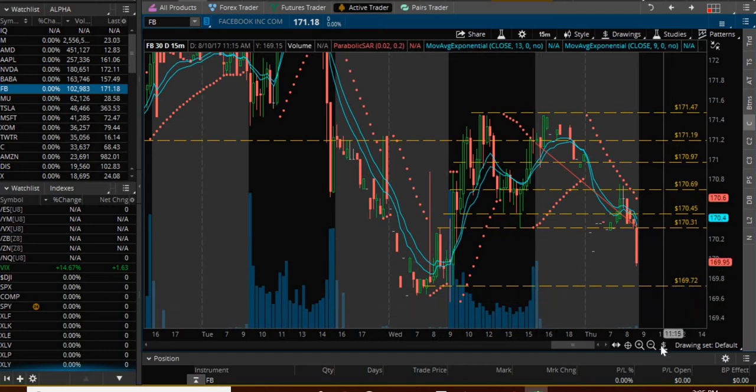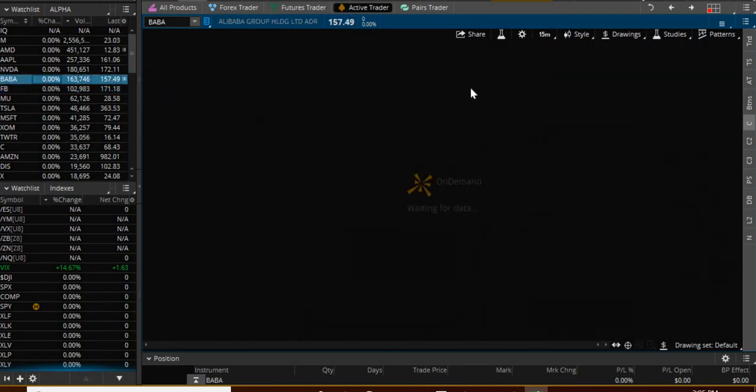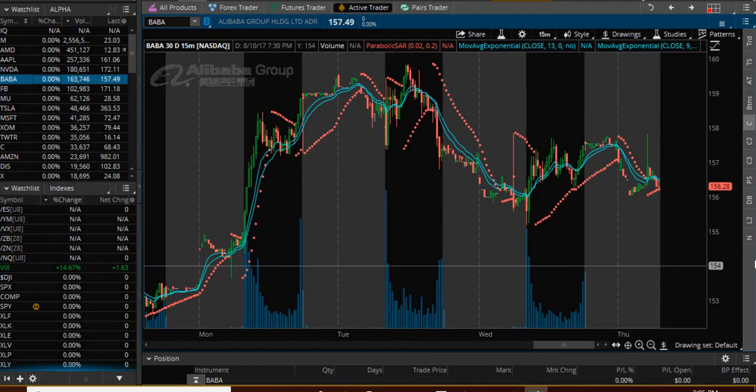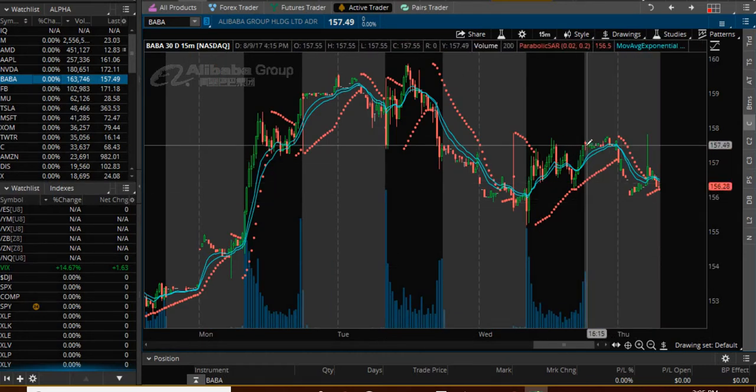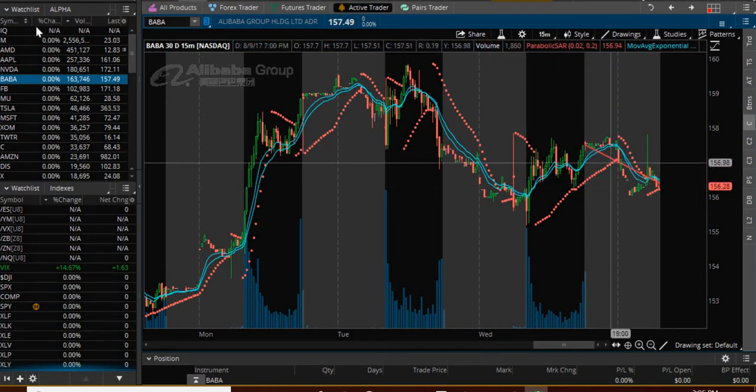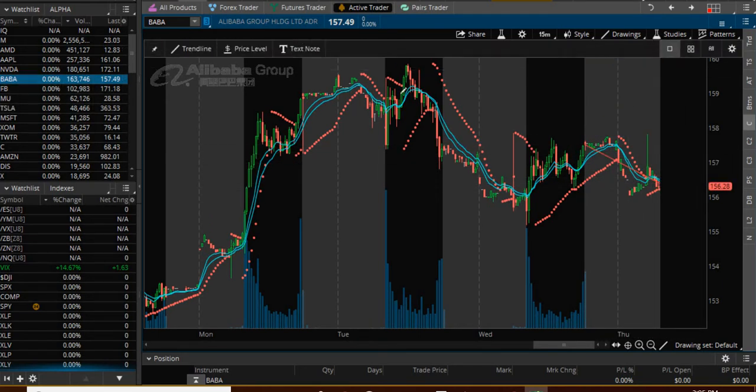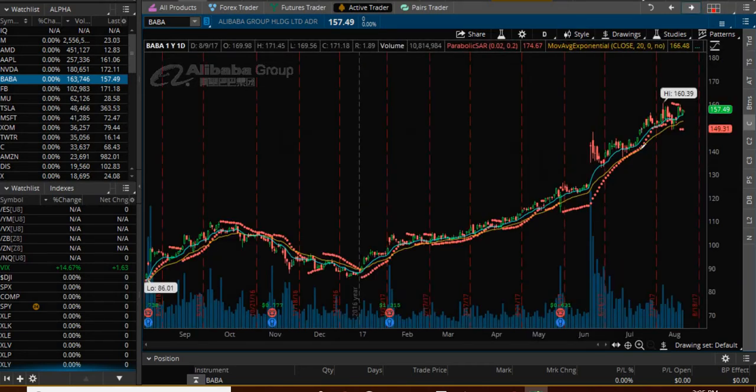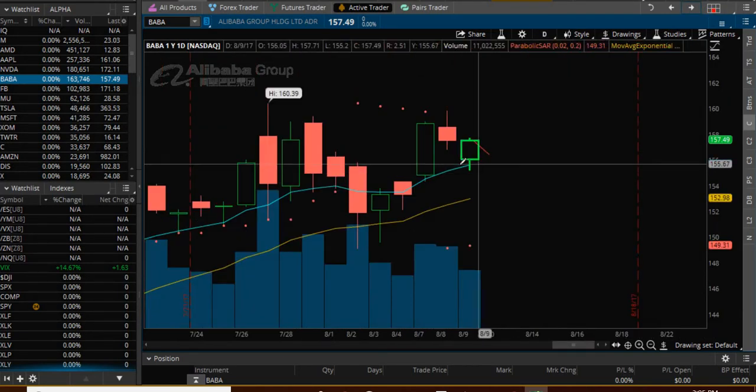So yeah, let's look at Baba. Baba has come down as well since the close, down 0.71%. Let's look at the daily. It's above.